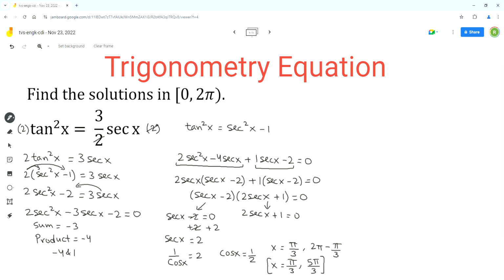Now we can analyze the second case. We can isolate secant x by subtracting 1 from both sides. Next, we can divide both sides by 2. Next, we can convert secant into its primary ratio.